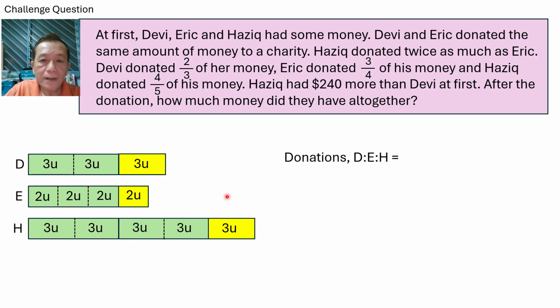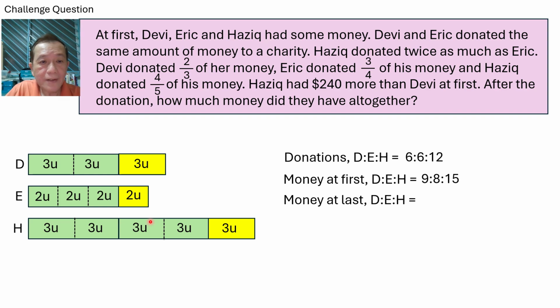What is the ratio of their donations? 6:6:12. Ratio of their money at first, 9 is to 8 is to 15.